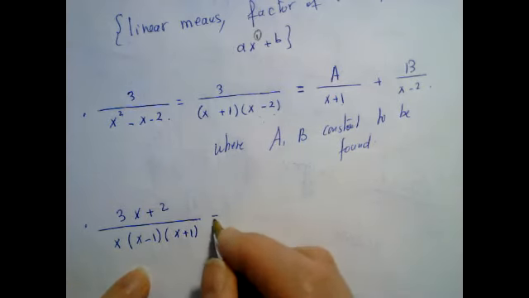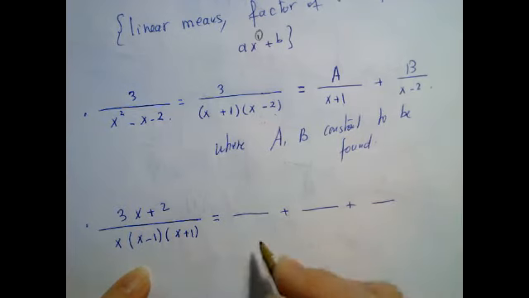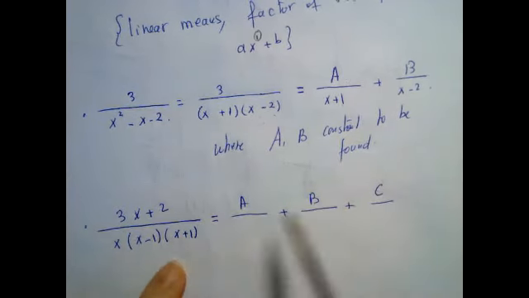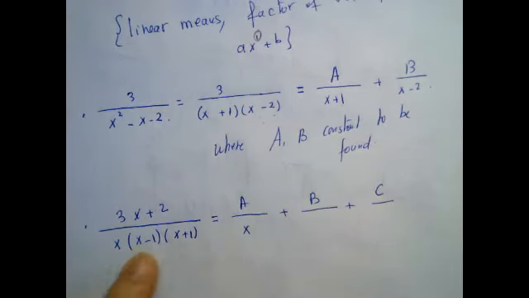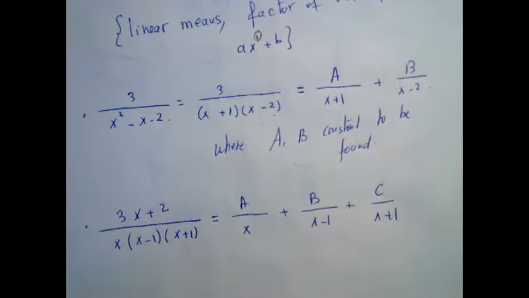The theorem tells me in this situation, you should be able to find 3 constants, a, b, and c, and rewrite this as a over x, plus b over x minus 1, plus c over x plus 1. It doesn't matter how many factors I have in the denominator, as long as they are linear and distinct, the theorem tells me that you should be able to decompose it, where a, b, c are constants to be found.